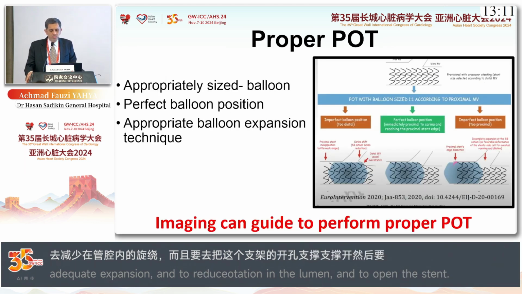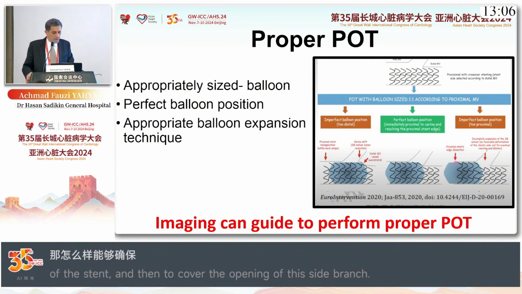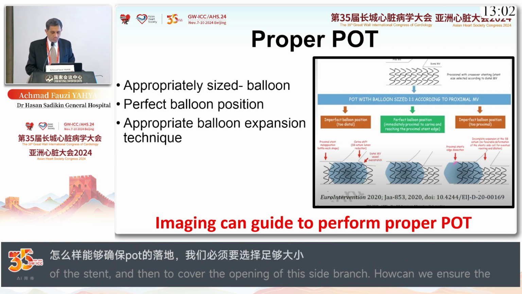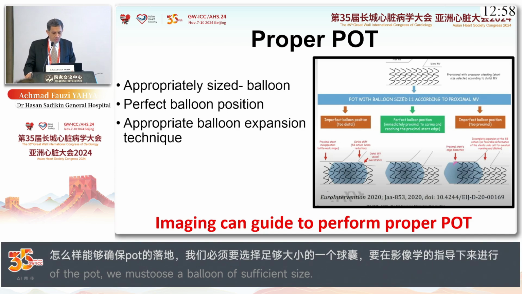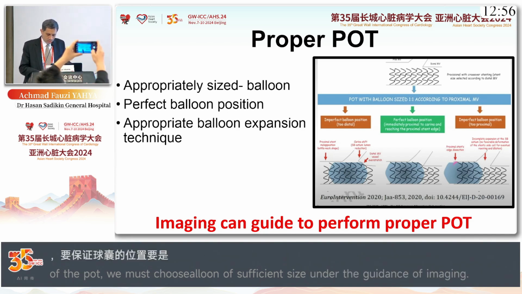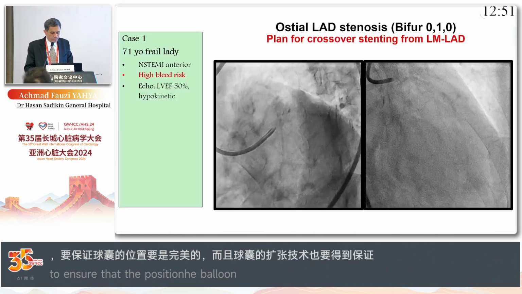And how to perform the proper POT: use an appropriate size balloon, perfect balloon position, and appropriate balloon expansion technique. Imaging can guide to perform POT. If you are not performing POT well, then complications easily happen.